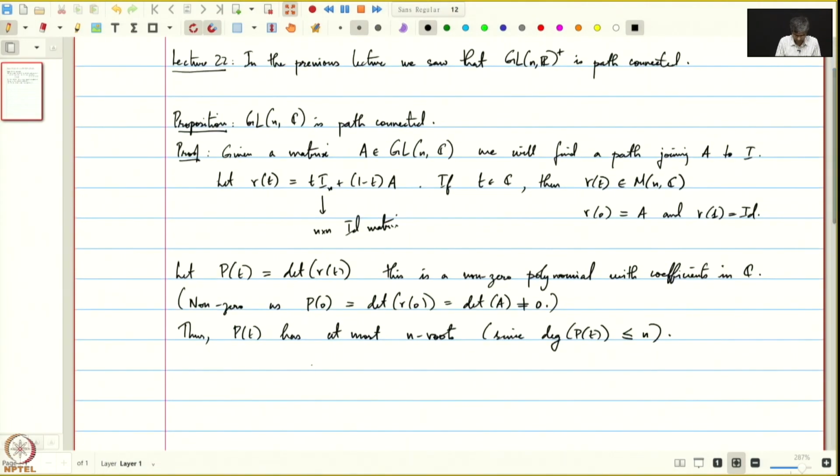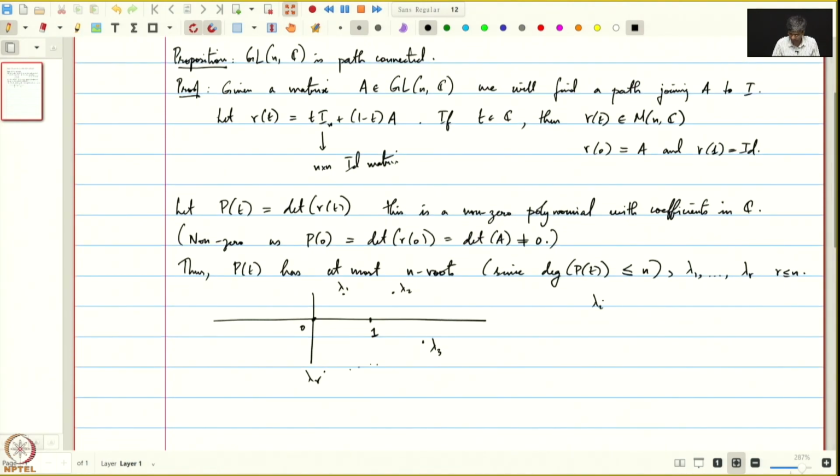So, if you make the complex plane, then here we have 0 and here we have 1, and let us say the roots of P are lambda_1 up to lambda_r, where r is less than or equal to n, right. So, this is lambda_1, lambda_2, lambda_3 up to lambda_r.